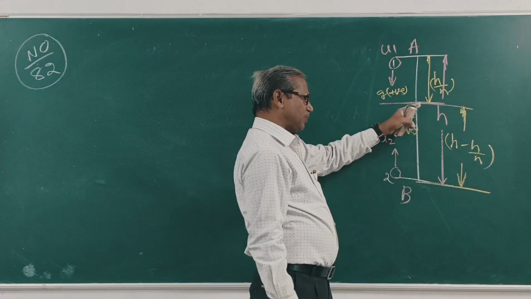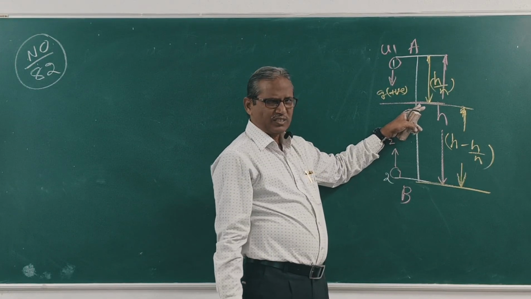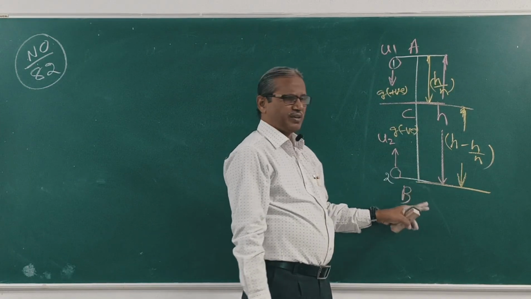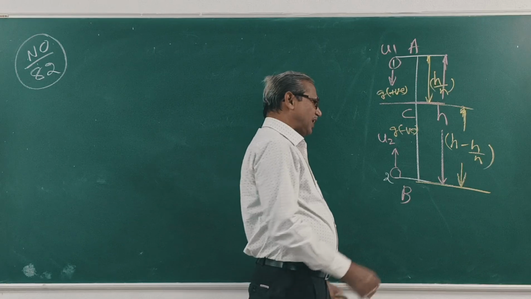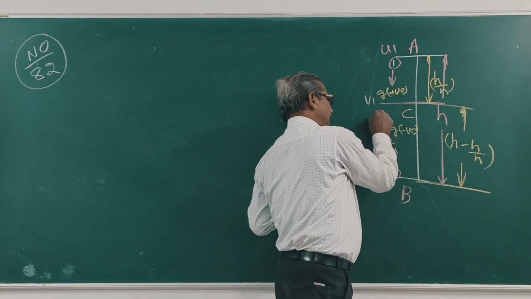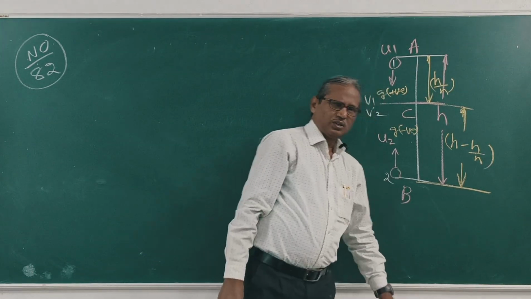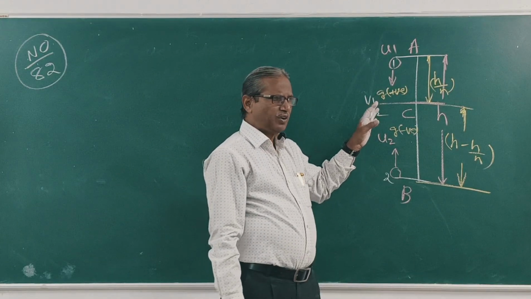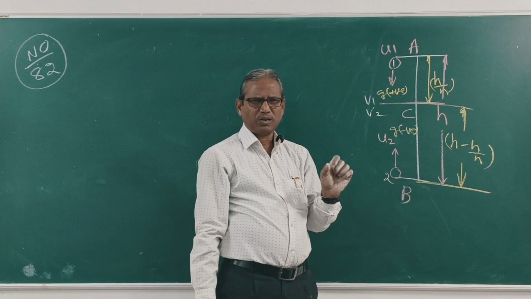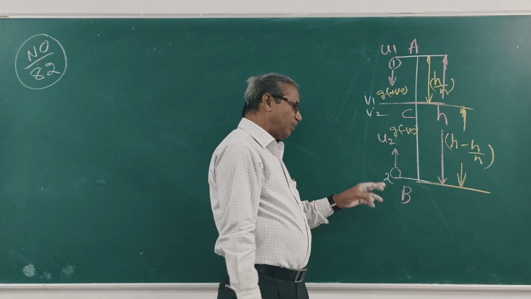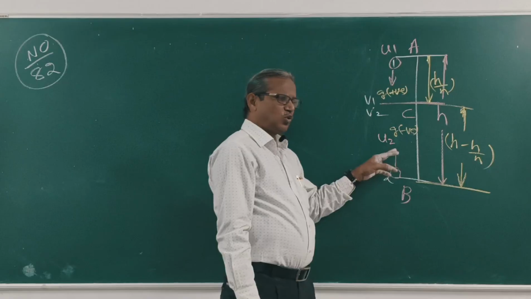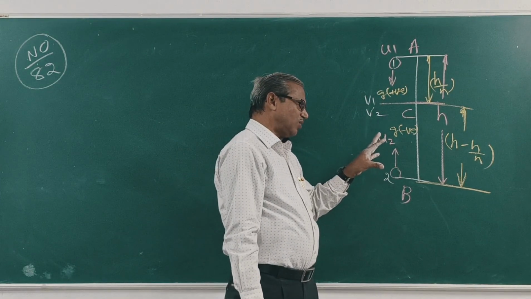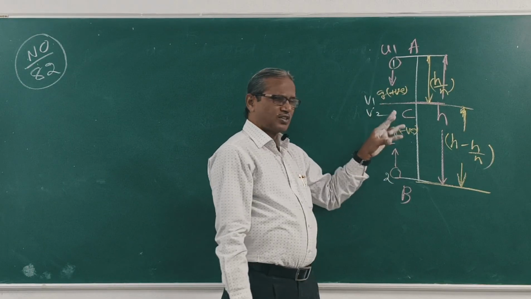Both meet together at point C. But this point C is h by n distance from A and h minus h by n distance from B. Suppose here its velocity is v1, and its velocity is v2. The question is, find the ratio of the velocities, v1 by v2 is equal to 2 by n minus 2. Prove that. What is the value of u2? Root ngh by 2. This we will also prove. Clear? Now, first I will find out the value of u2, and then the ratio v1 by v2.